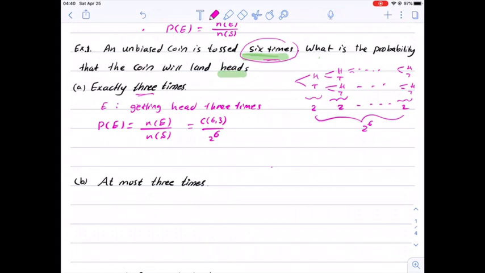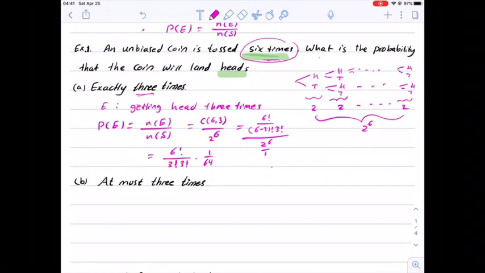So by applying the combination formula, we have 6 factorial over (6 minus 3) factorial times 3 factorial, over 2 to the power 6. Now we simplify. We have 6 factorial over 3 factorial times 3 factorial, times the reciprocal of the denominator, 1 over 2 to the power 6, which is 1 over 64.